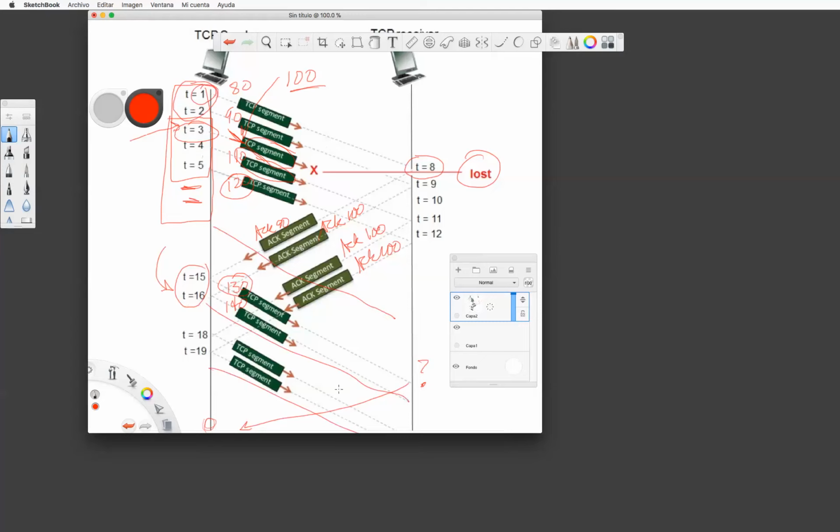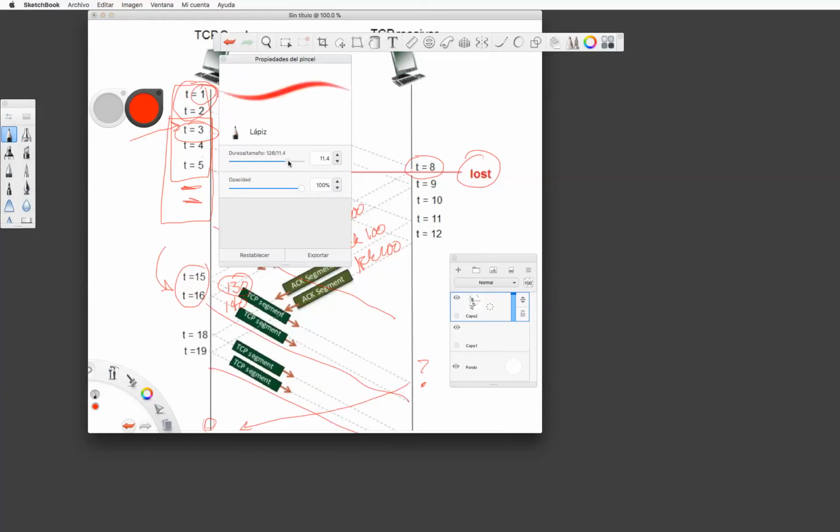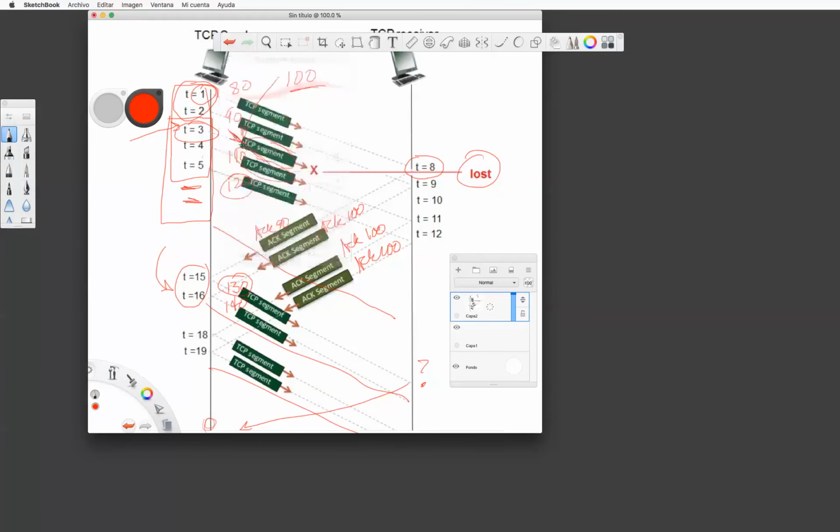You need to figure out and just meticulously decide, if I'm going to send a packet and I'm going to start it, if this is my problem here, then this one doesn't make it. When is this acknowledgement? +7 here, +7 there. That allows me to send another one. +7 here, +7 here. So as soon as I get this one, I start sending another one. What's he going to send back? So just add the time to each one of them.